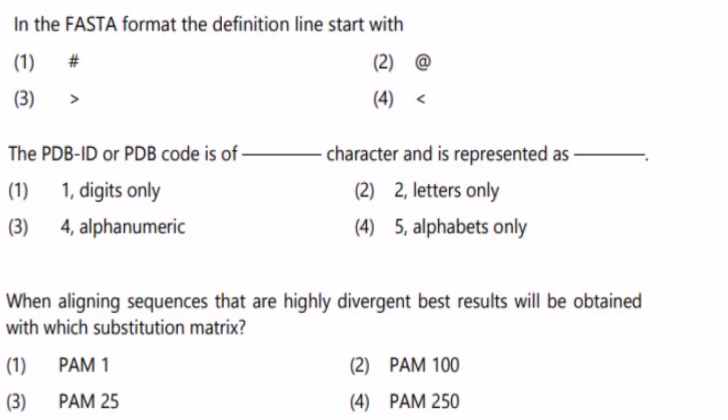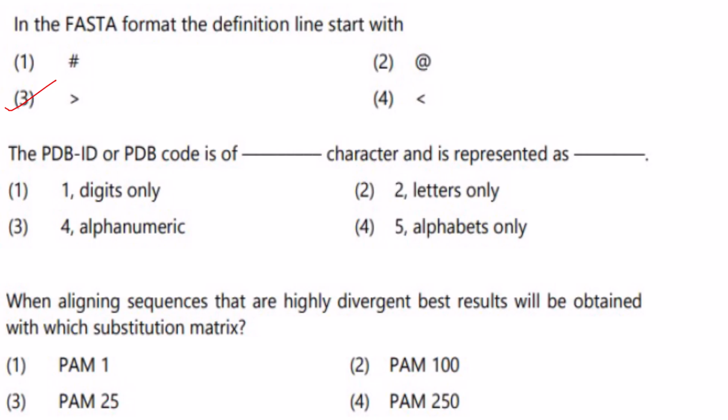Then next one, in FASTA format, the definition line starts with this symbol, that is option 3, the greater than symbol. Then the PDB ID or PDB code is a dash character. PDB is a 4-character alphanumeric code and it serves as a unique accession number for every molecular model that is deposited in the PDB.